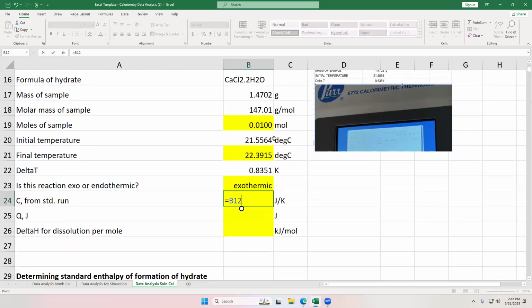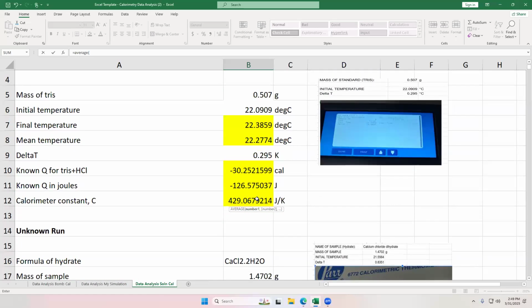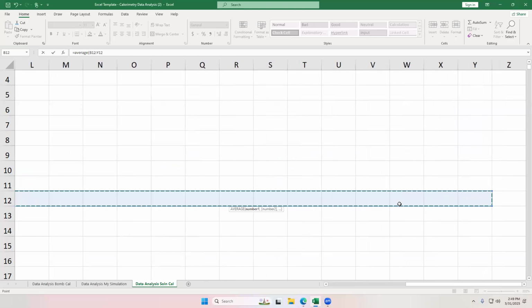So standard run times delta T is what? That's just a C for the standard run, right? Or you can make this a formula for the average of the different runs up there. That might be an easier way. So you can say this is the average of, let's say you did multiple standard runs, you can average these several runs like that.